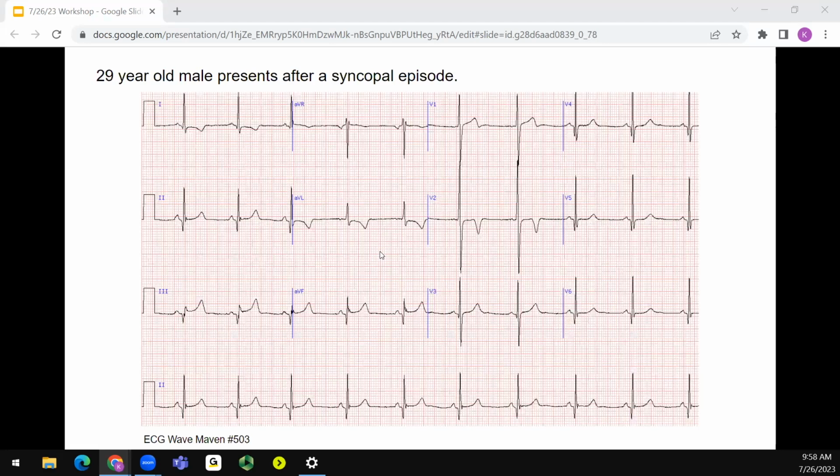All right. So this is a 29-year-old male who presents with syncope. So sinus rhythm, great. Okay.